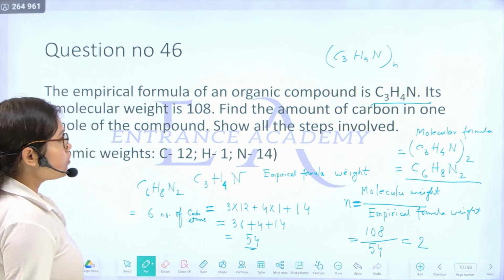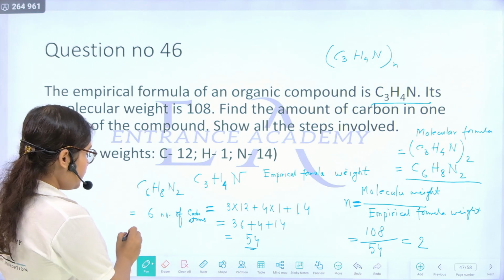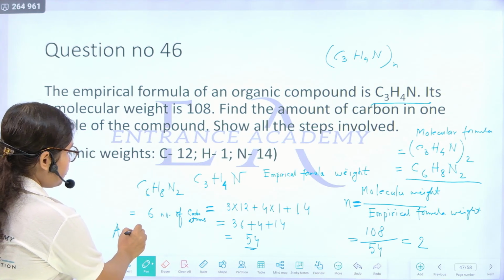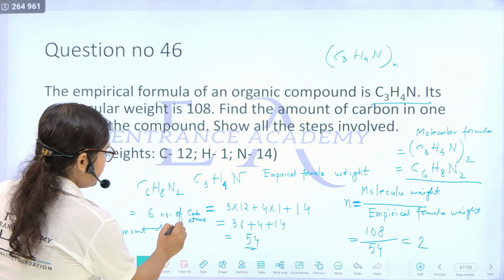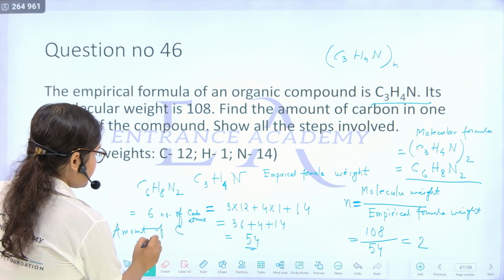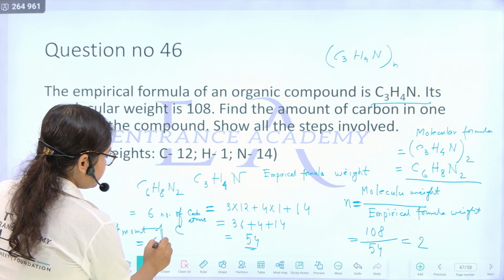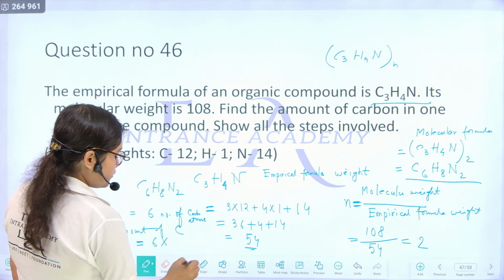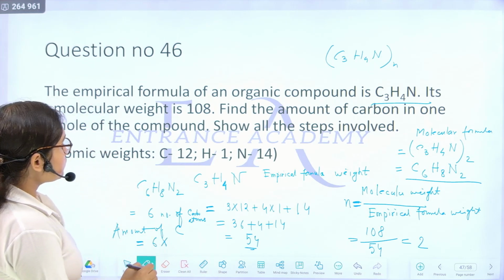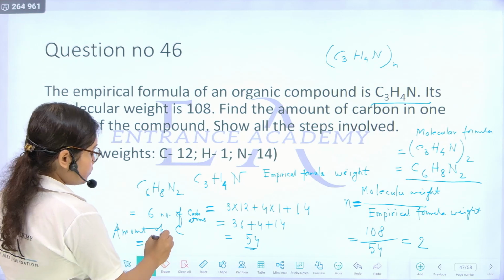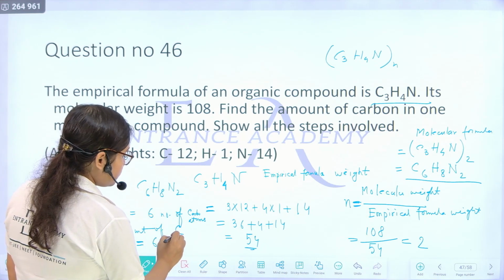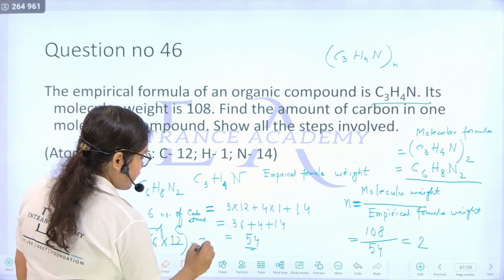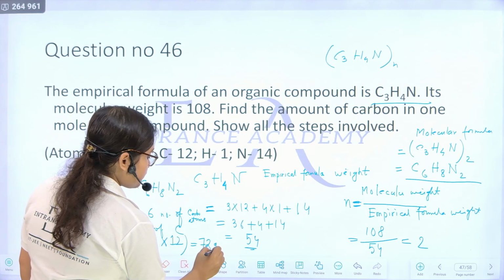So the amount of carbon is 6 into 12, that is 72 grams.